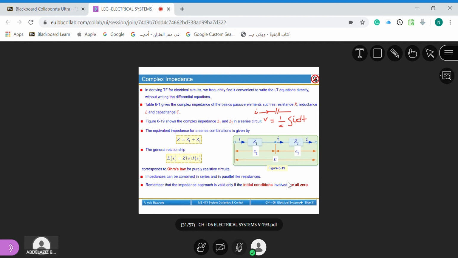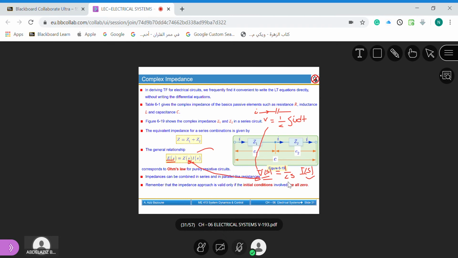Now, if we take the Laplace transform of this, it will be V of S is equal to 1 over CS times I of S. If you compare these two equations, we have voltage on the left-hand side and I on the right-hand side.